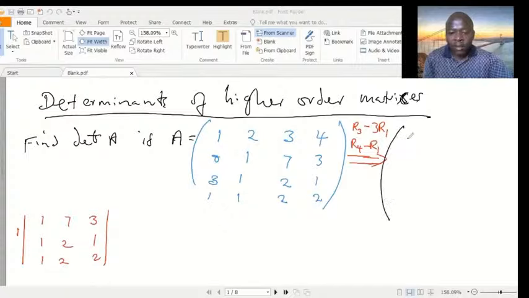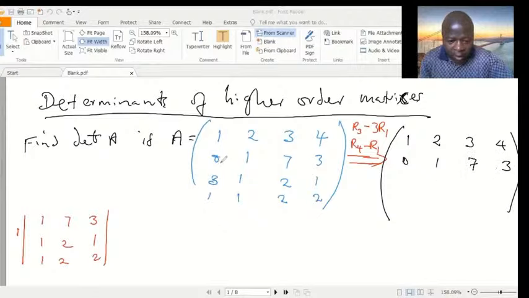Row 1 remains where it is as 1, 2, 3, 4. Row 2 already has a 0 here, so I just leave it as 0, 1, 7, 3. But I want a 0 here, so I've said take row 3 minus 3 multiplied by row 1. So 3 minus 3 multiplied by this 1 equals 0.